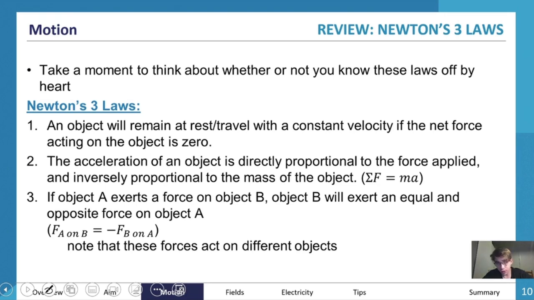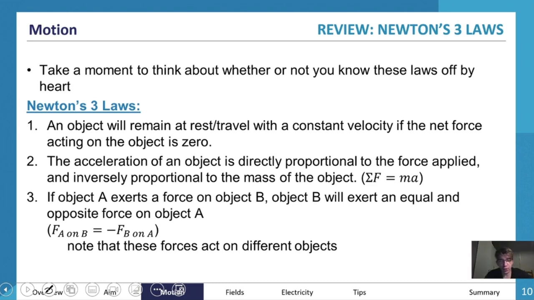They can regurgitate what they are, but they don't actually understand them. In the past few years, examiners have been consistently asking questions about the laws of motion, and students have been consistently providing incorrect answers, in particular to the third law. There has been improvement over the years, obviously, but it's still very evident that students make mistakes.